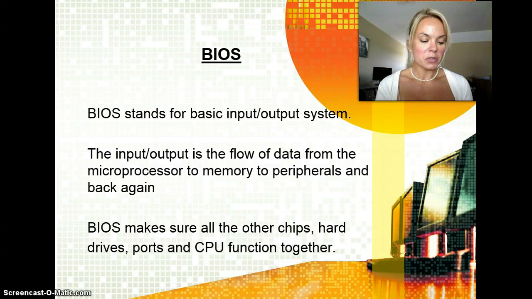BIOS. One of the most common uses of flash memory is for the basic input and output system of your computer, commonly known as BIOS. On virtually every computer available, the BIOS makes sure that the other chips, the hardware, the ports, and the CPU function together. The BIOS software has a number of different roles, but its most important role is to load the operating system.